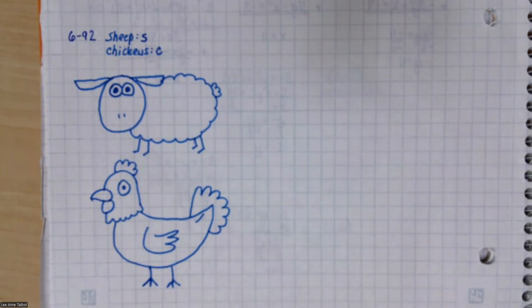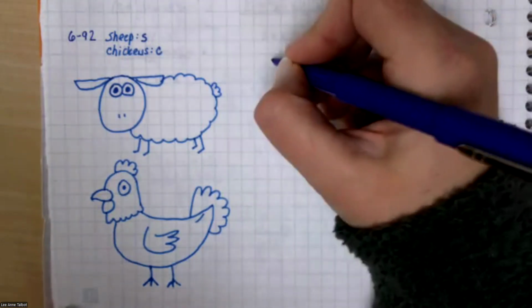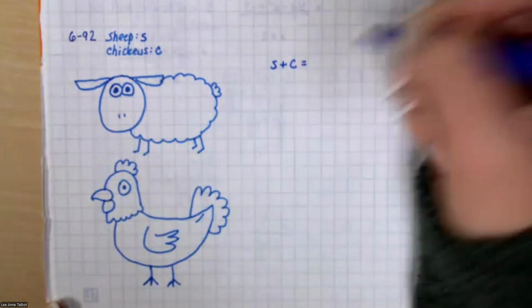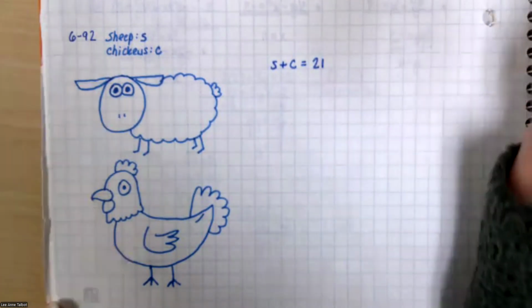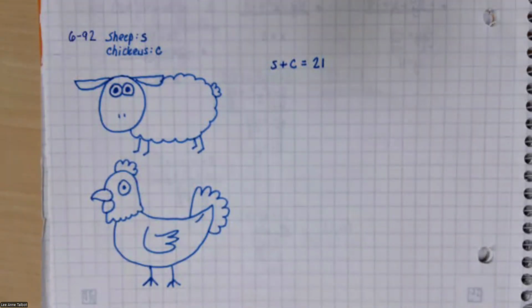Okay, we're going to start with the first equation. It says there are 21 animals on Farmer Cole's farm. So what that means is sheep plus chickens equals 21. It was 21, right? Okay.